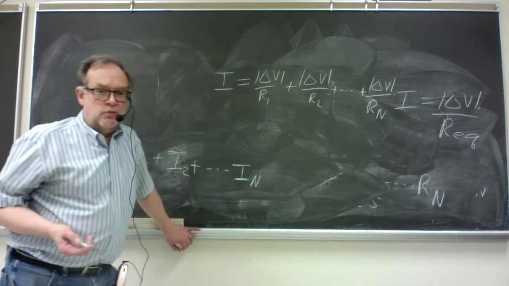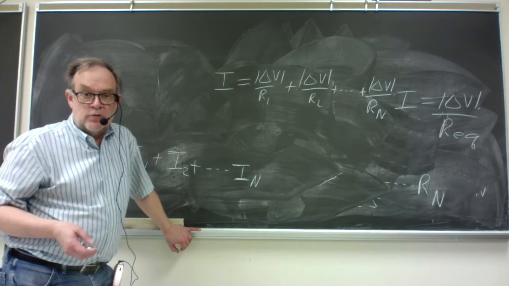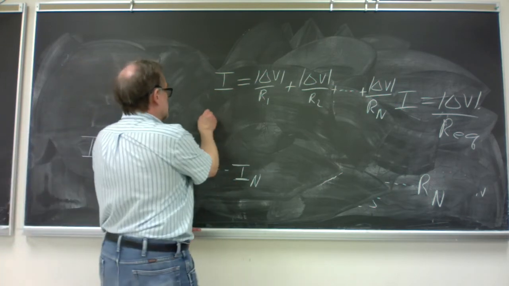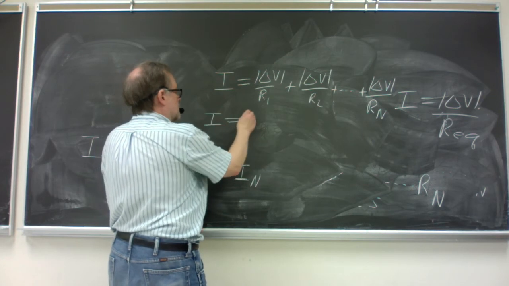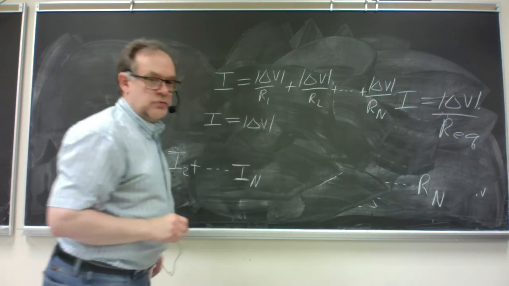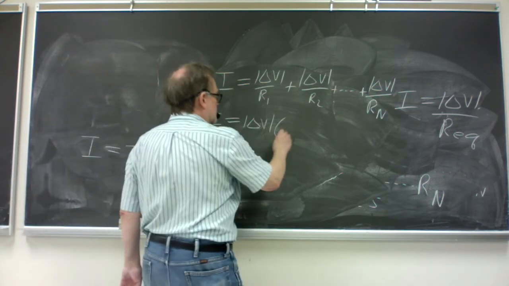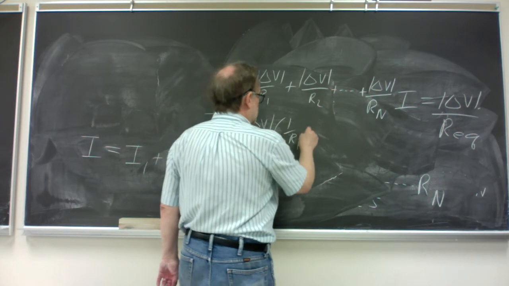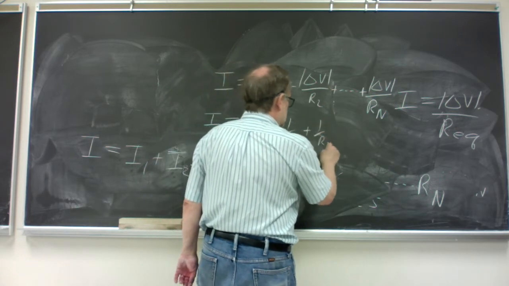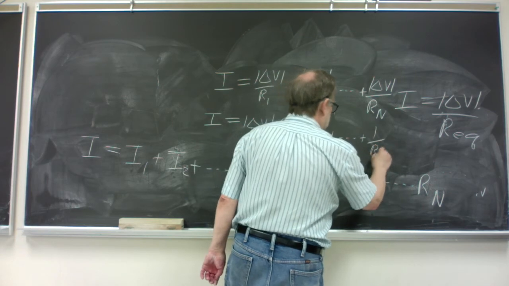And again, just like before, there's a common factor to all n of those terms, and we factor out that common factor, which is delta V. So after we've factored out that common factor, what's left? 1 over R1 plus 1 over R2, etc., until we have 1 over Rn.